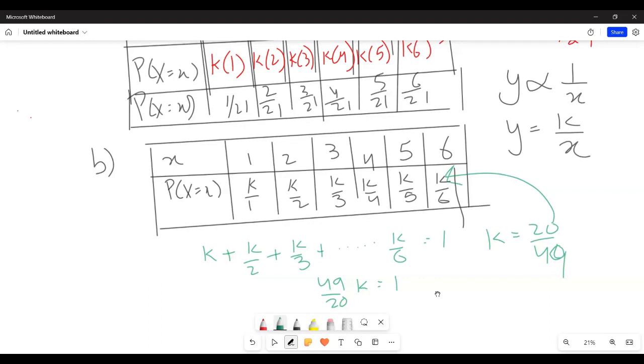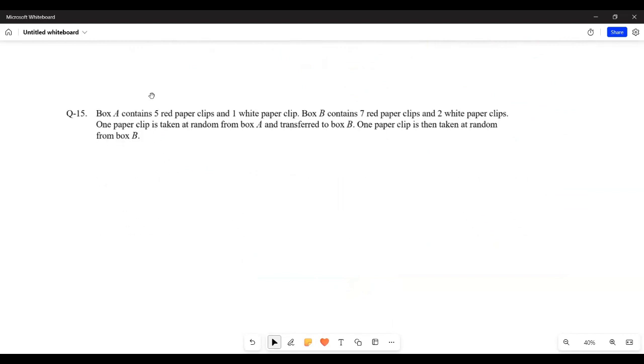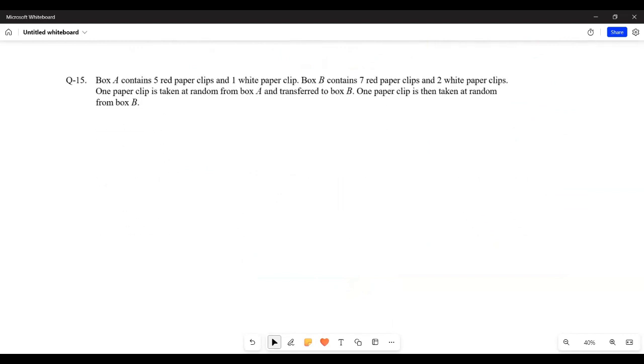I'm just going to copy that particular part जिसमें probability distribution table बनाना था. So this is a question from the probability worksheet. And its last part.